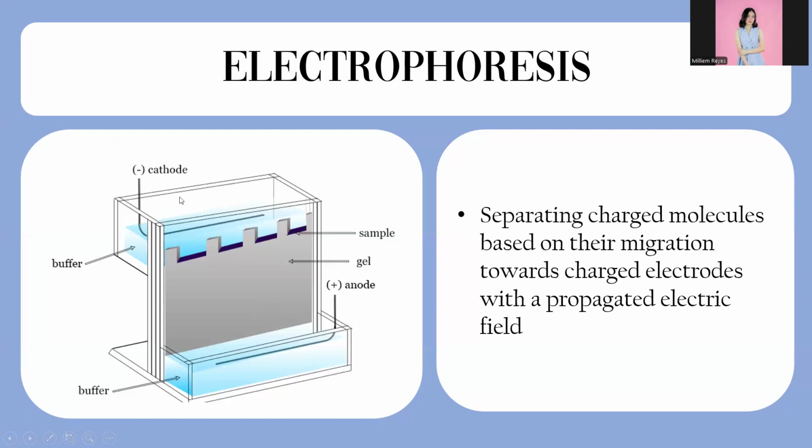While your positively charged molecules or your cations will be more attracted to the cathode, the negatively charged electrode. Huwag ma-confuse ha. The electrodes charges are opposite to what ion they will attract. Okay, so cathode negatively charged, anode positively charged.